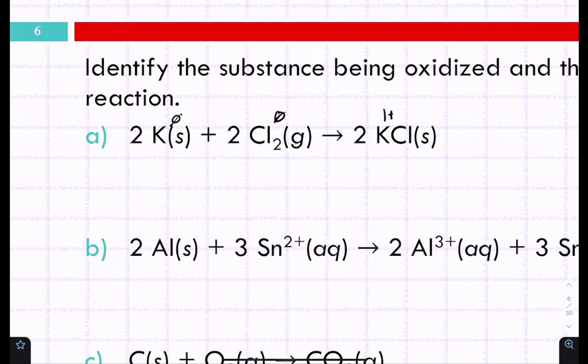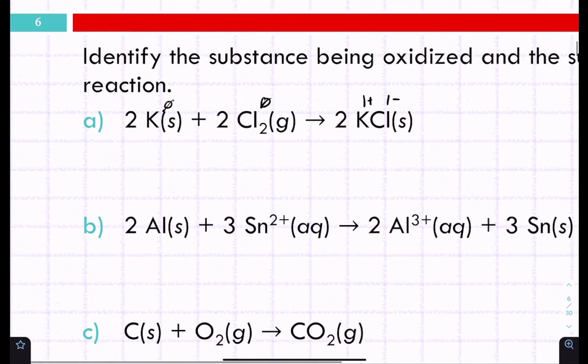And what charge would chlorine have here? Yeah, 1- charge. So which one's being oxidized? Oxidation is loss. Which one's being reduced? Reduction is gain.